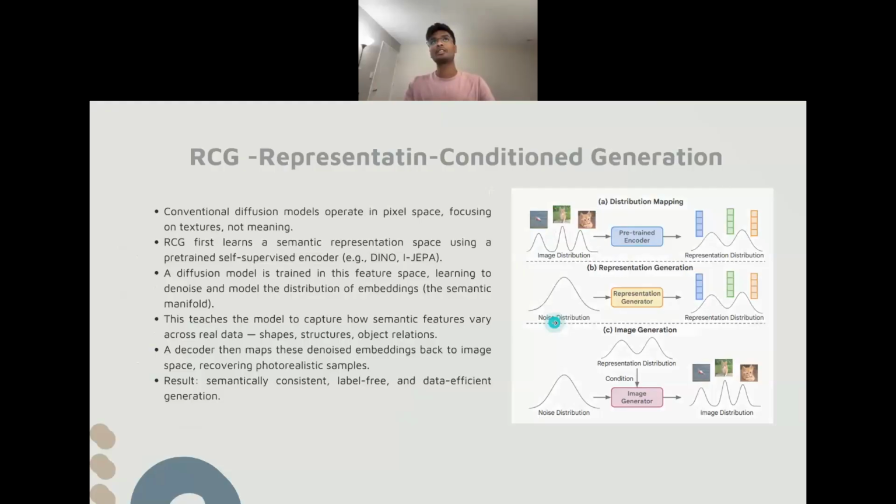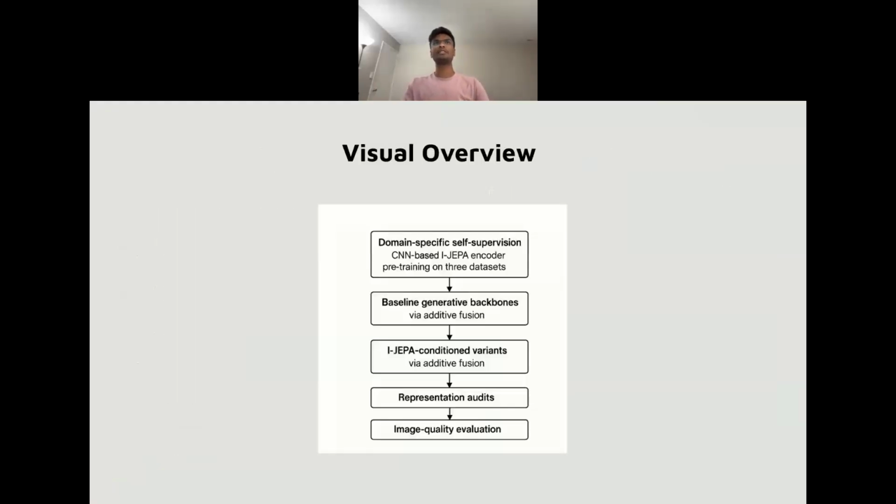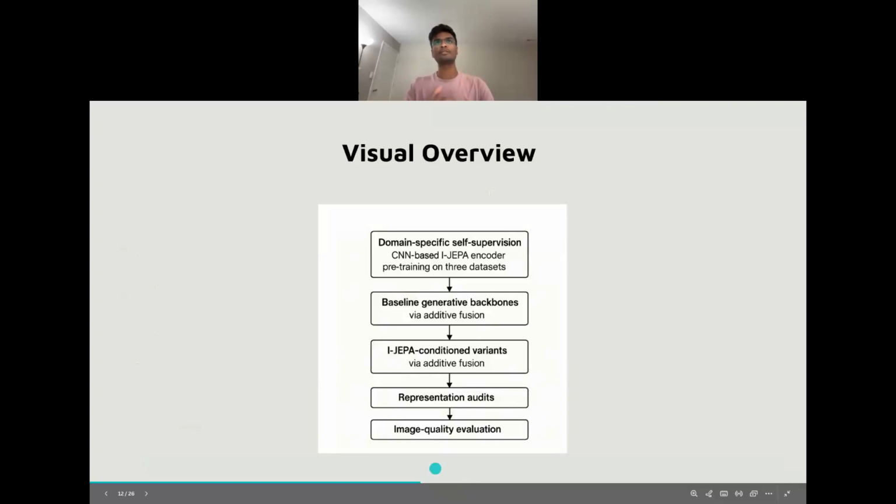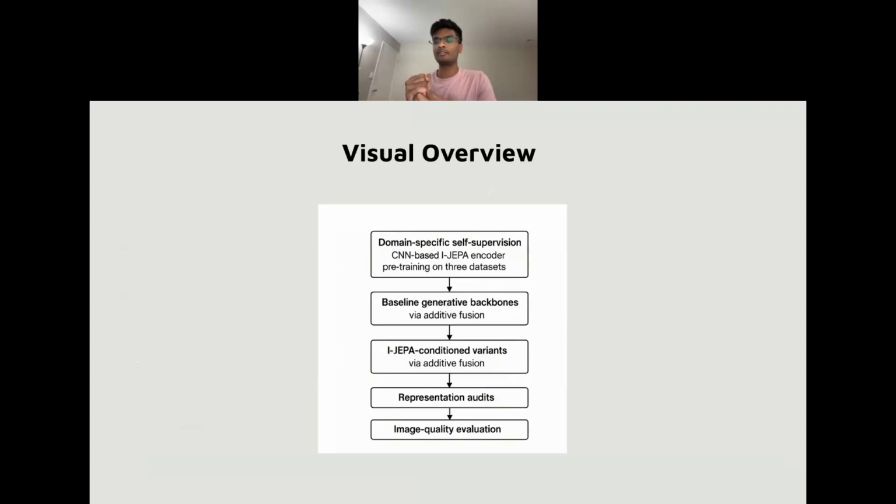Coming to the methodology, I would like to talk about the basic overview. First, we do something like RCG itself, but we try to inject the embeddings directly into the generator itself. Visually, we first pre-train an I-JEPA encoder. We try two things: a CNN-based I-JEPA or a ViT-based I-JEPA.